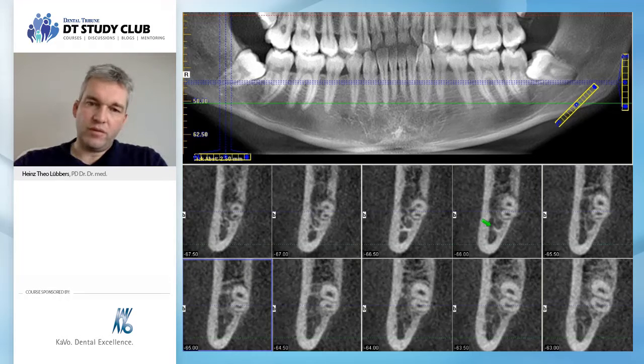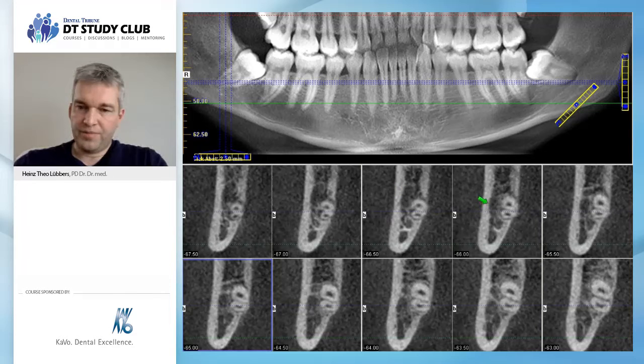This is a very interesting case, because on the right side I would have said, well, that's a cone beam indication. The roots are completely overlapping the nerve canal, even going 1 or 2 millimeters below. And then you look at the cone beam data, and you see that the nerve is on the outside.